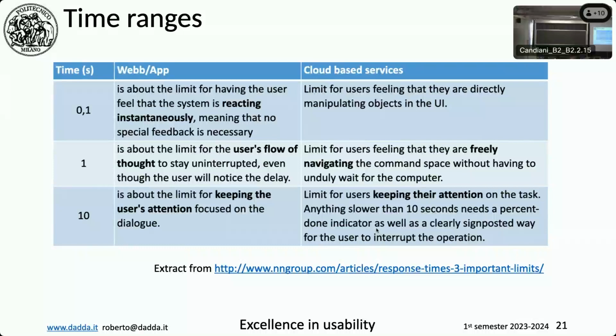Of course, if there is a huge database around, for instance, if I go to the Library of Congress of the US that has all the books that have been printed in the history of humanity in the world, it will take some time. So you must evaluate this time, and if it takes some time, you should at least tell the customer that the system is still alive and he has to wait.